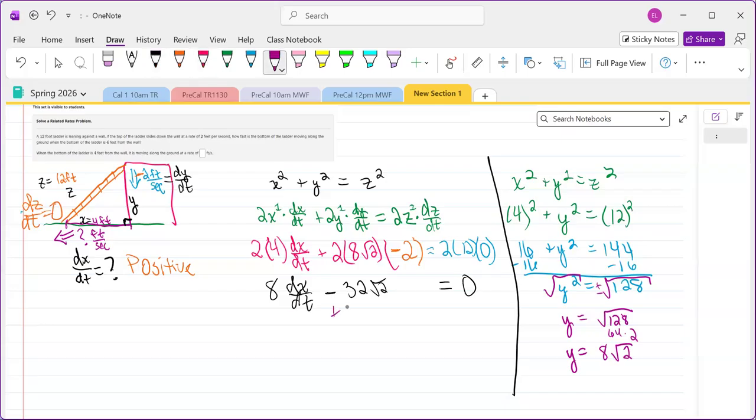So then we'll add the number over. So 8 times dx dt equals positive 32 square roots of 2. And then we divide by 8.